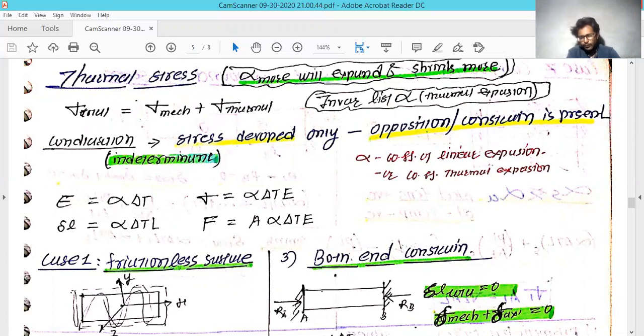So take any material in engineering application, it expands after exposure to higher temperature. High temperature, low temperature, it doesn't matter. If it is exposed to temperature, it changes its dimension.